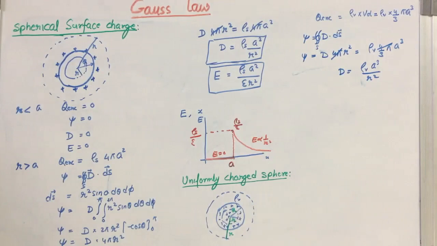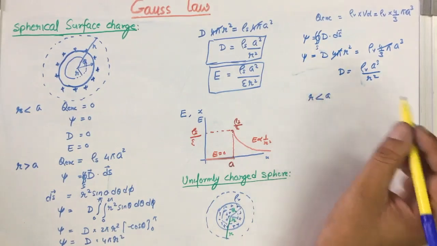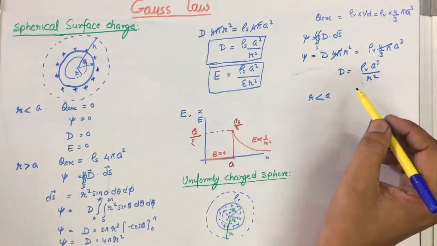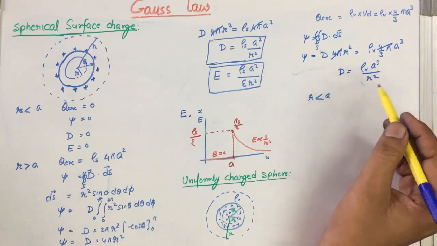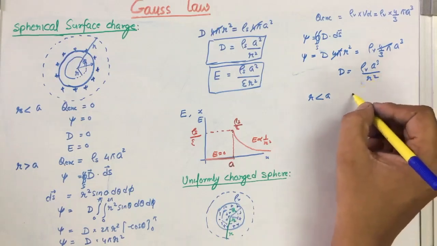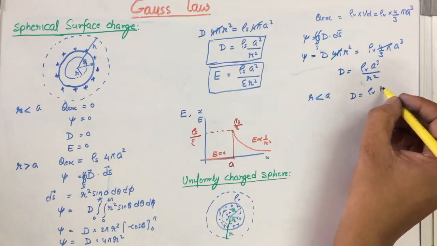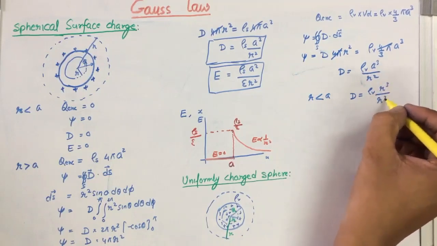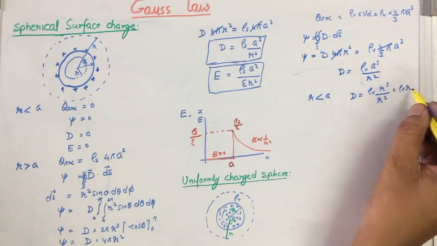Okay, first the case when r is less than A. Then here D will be rho v r cube divided by r square. It will give you rho v r.